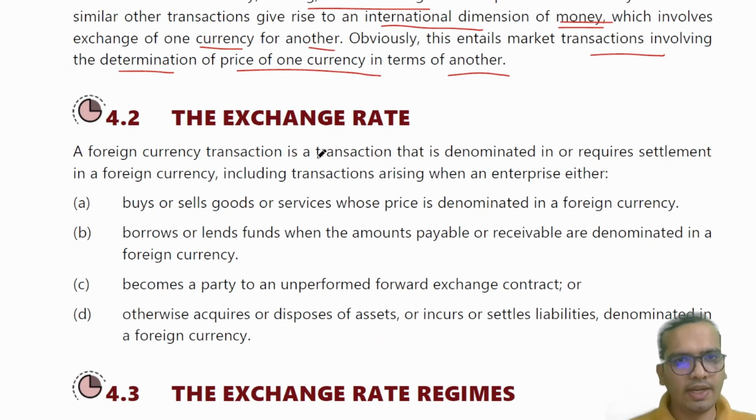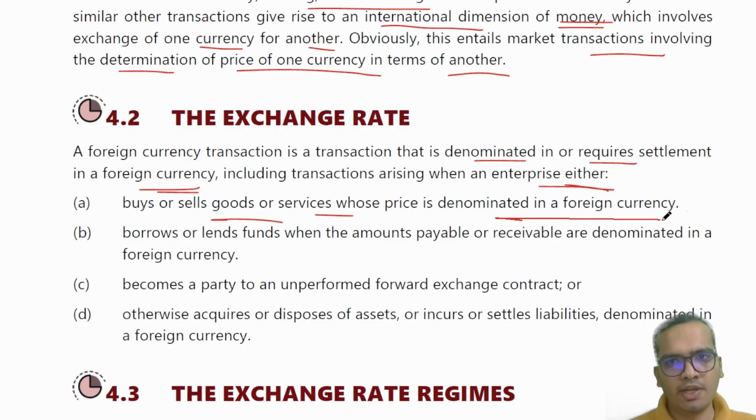A foreign currency transaction is a transaction which is denominated in or requires settlement in a foreign currency, including transactions arising when the enterprise either buys or sells goods or services whose price is denominated in foreign currency, or borrows or lends funds when the amount payable or receivable is denominated in foreign currency.